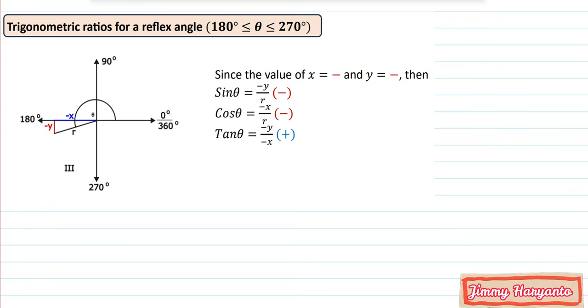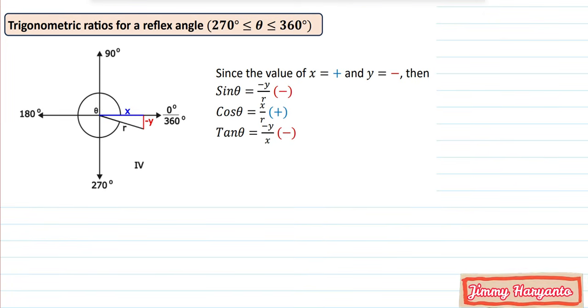That means the value of the sine in this quadrant will be negative, y over r. Because the y is negative, the value of the sine is negative. The value of the cos is also negative because of the negative x. The value of the tan will become positive because negative y divided by negative x will give you a positive value.